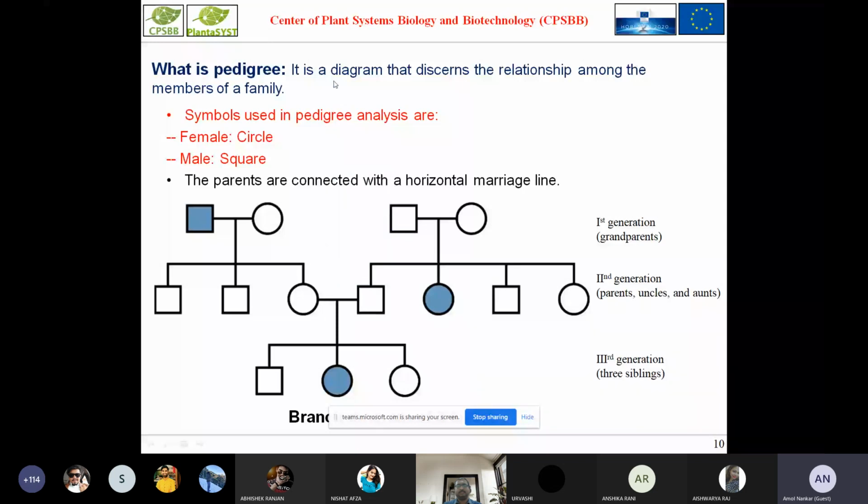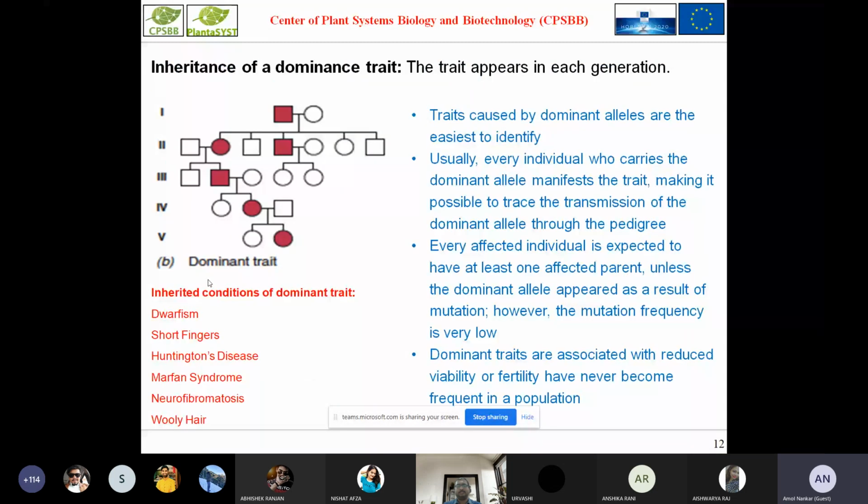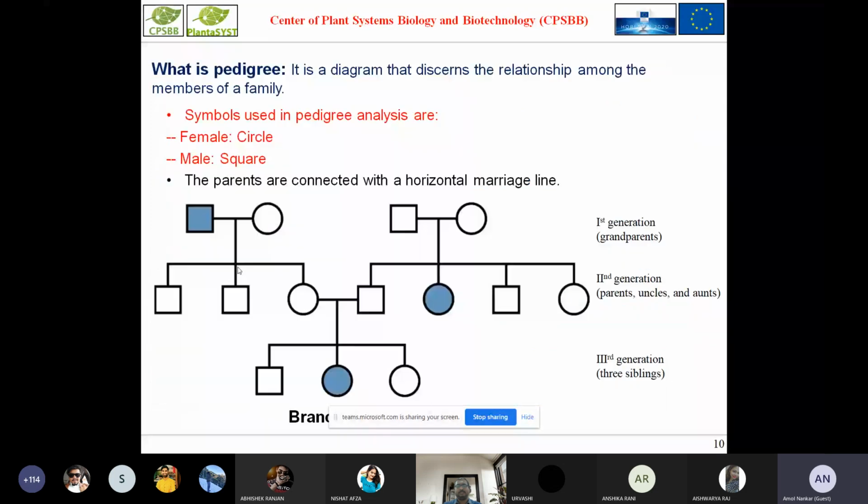Conventionally, it is customary that the female parent is represented by a circle, and the male parent is represented by a square.